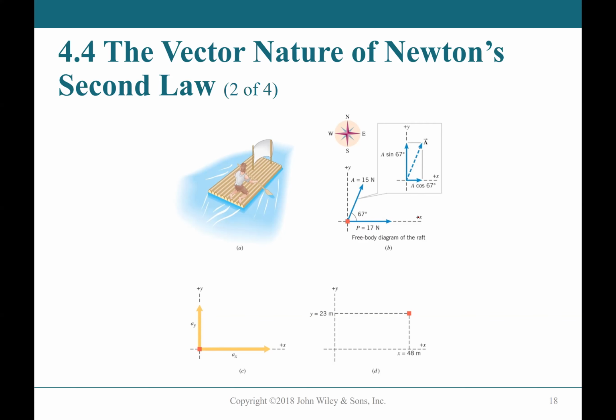Now, the wind also exerts a force A. So this force A is the wind blowing on the raft. And this force has a magnitude of 15 newtons and points 67 degrees north of east. Ignoring any air resistance from the water, ignoring all that, find the X and Y components of the raft's acceleration.